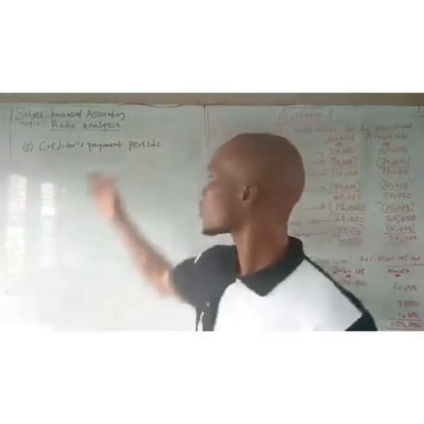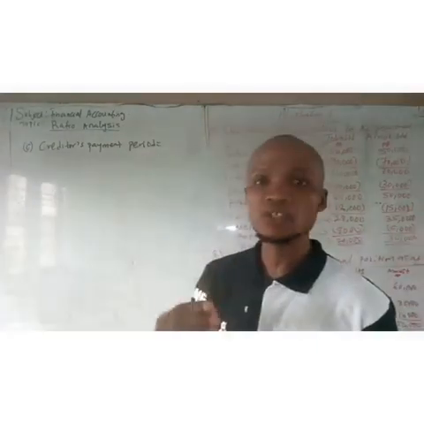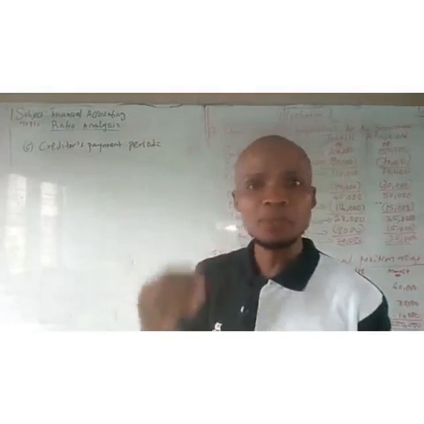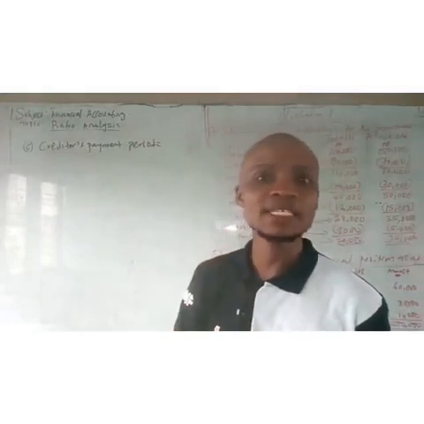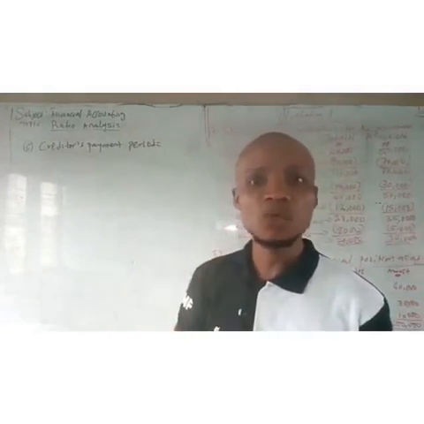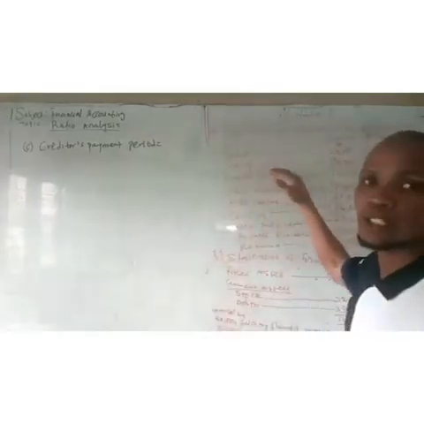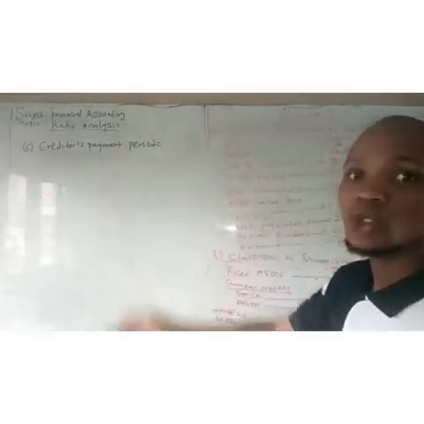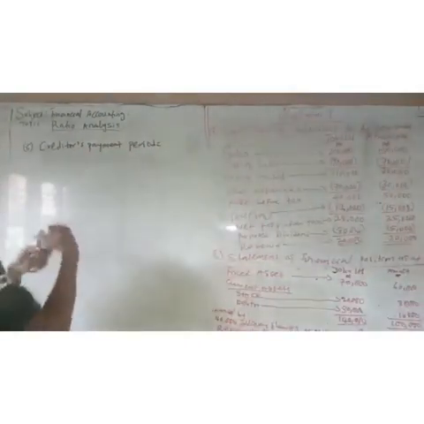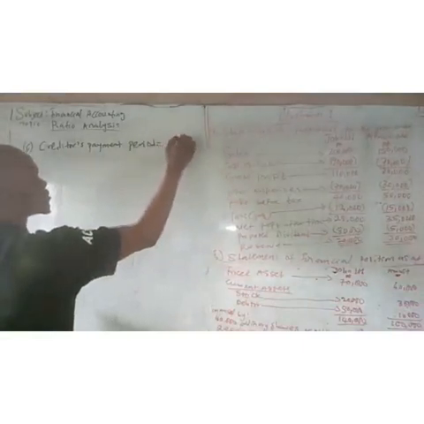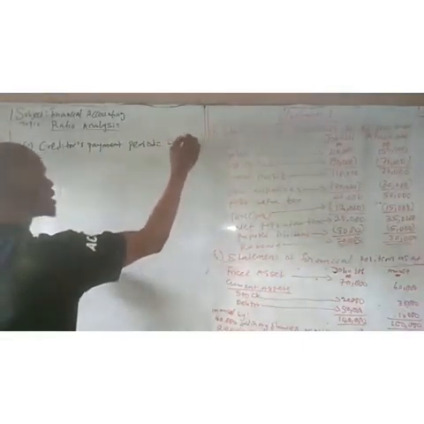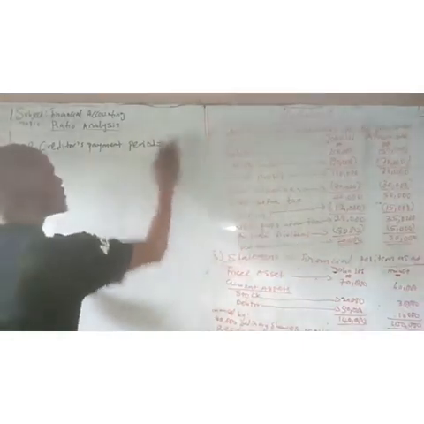I come again. The formula for creditors payment period is creditors, or payables, divided by credit purchase. But in a situation whereby credit purchase is not available, like in this question, what we have is cost of sales. Then you can use cost of sales. Now, let's bring the formula down.